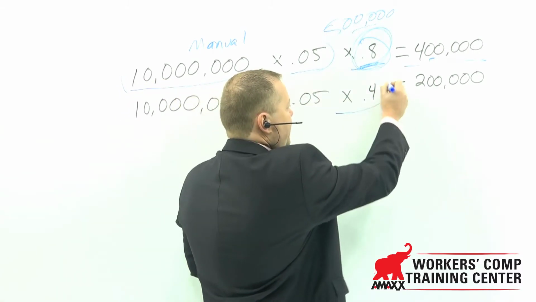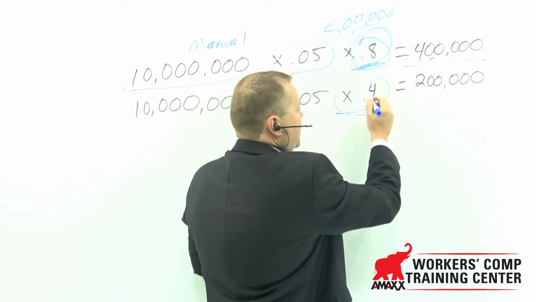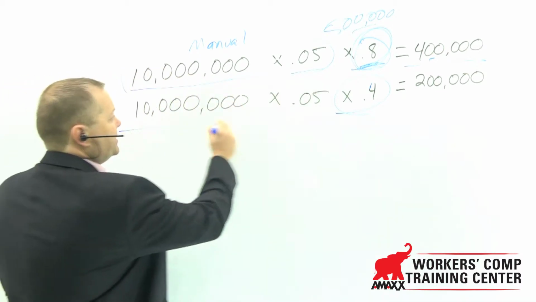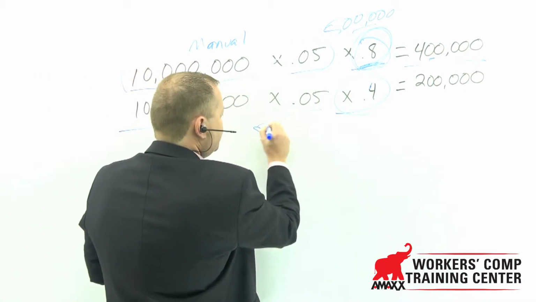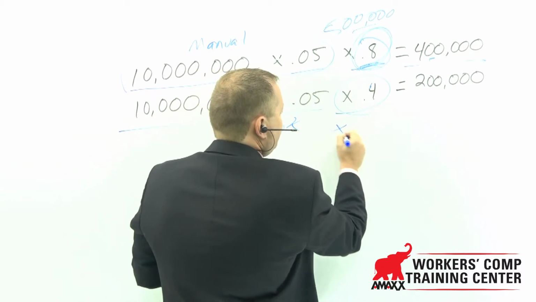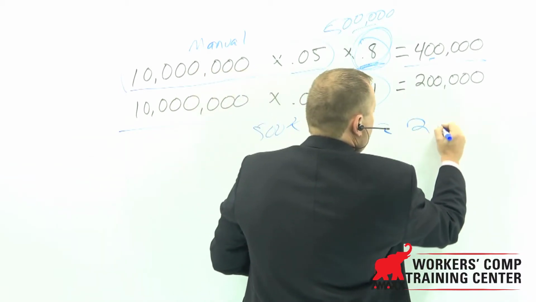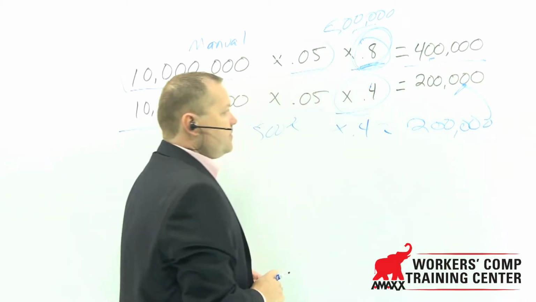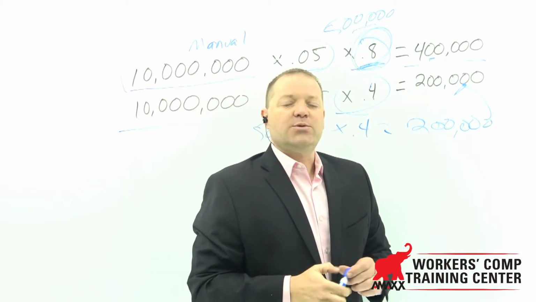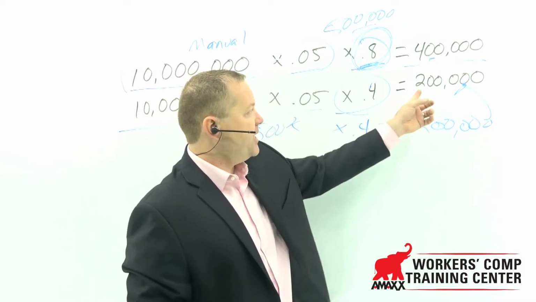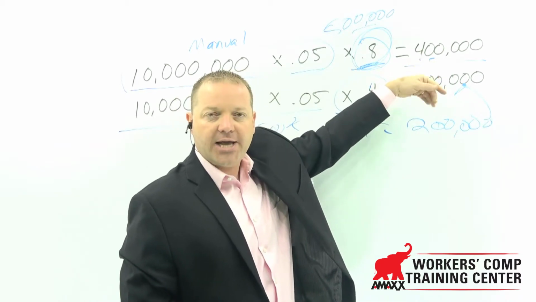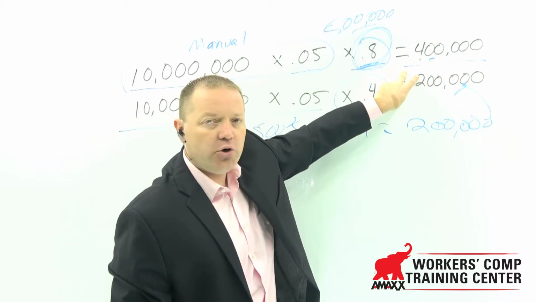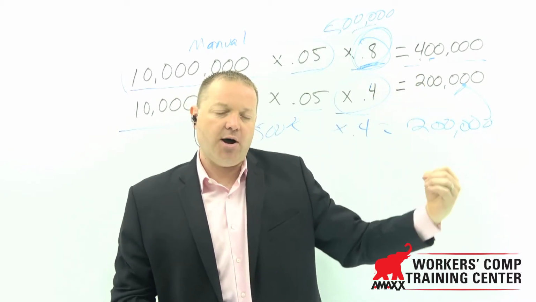So let's say you do that calculation and your lowest possible mod is a 0.4. You do the same calculation, the manual premium, which is 500,000, times 0.4, and you come up with 200,000, as you see here. In essence, what this means is you're paying twice as much as you could if you had zero claim costs.